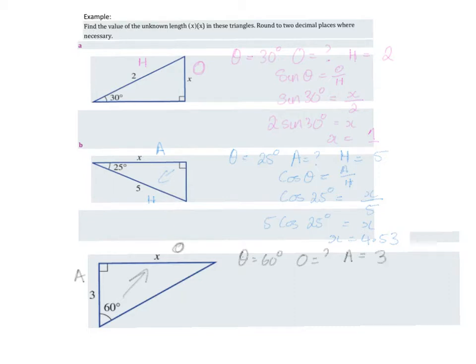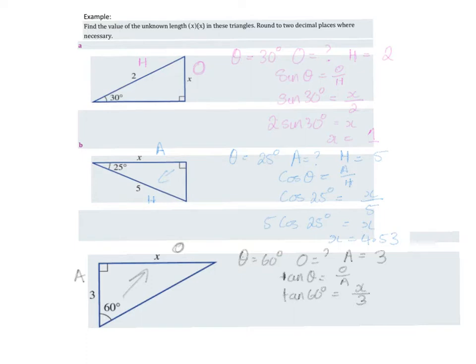What's the ratio I use? SOHCAHTOA. Angle opposite adjacent. It has to be tan, doesn't it? So tan theta is equal to the opposite over the adjacent. Let's put it in. Tan of 60 degrees is equal to x over 3.